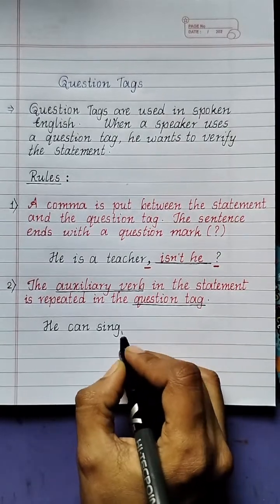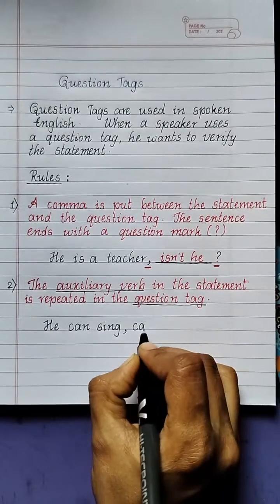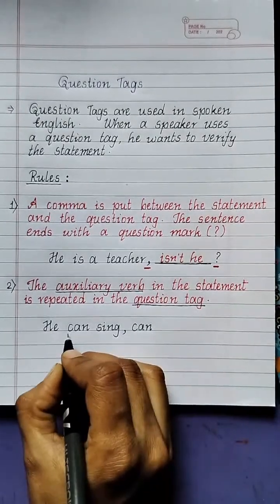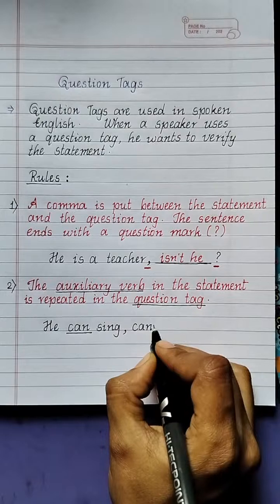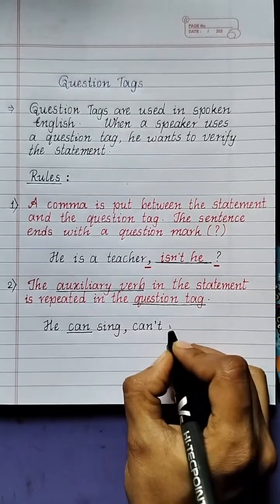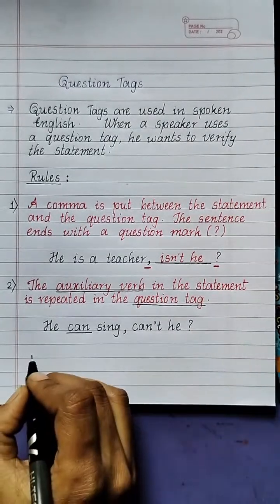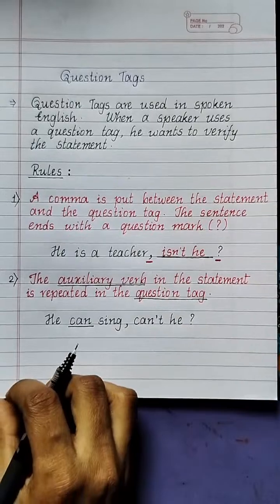He can sing, comma, here it will be the same auxiliary verb can used as a tag also. Can't he? Question mark.